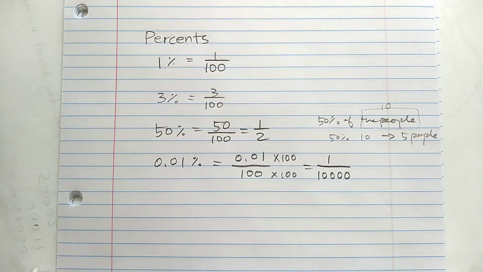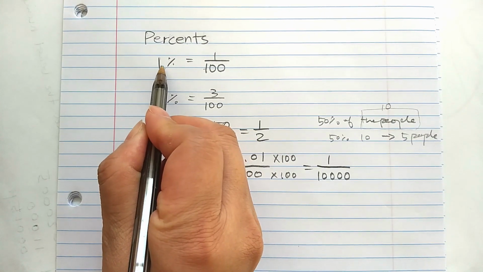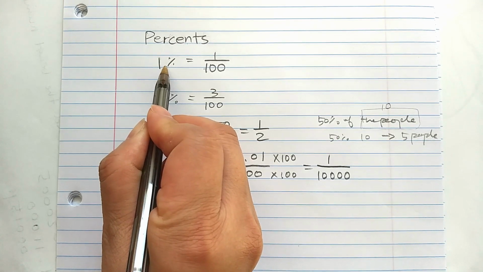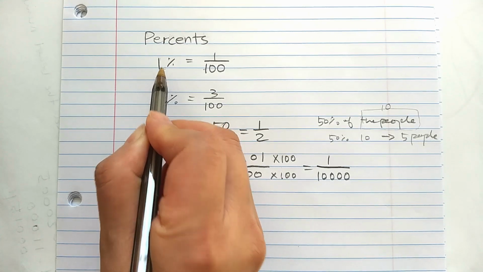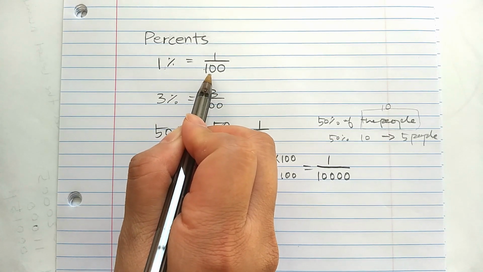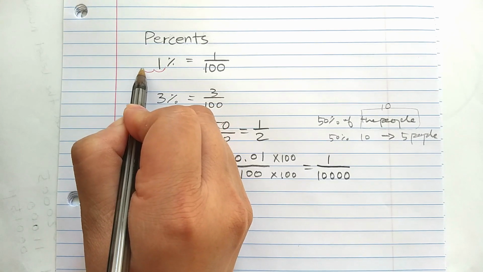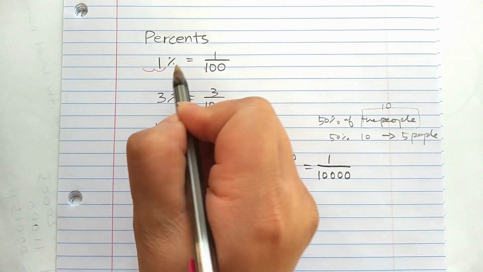To convert from percents to decimals, you move the decimal point of the number here 2 steps to the left. Always 2 steps, because the denominator is always 100. So 2 steps, and put the decimal point here.